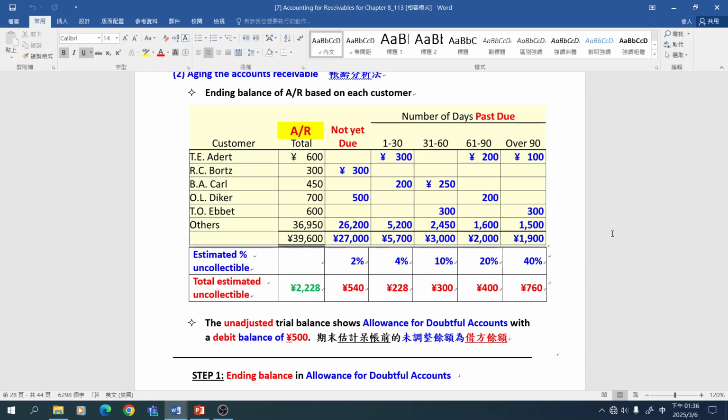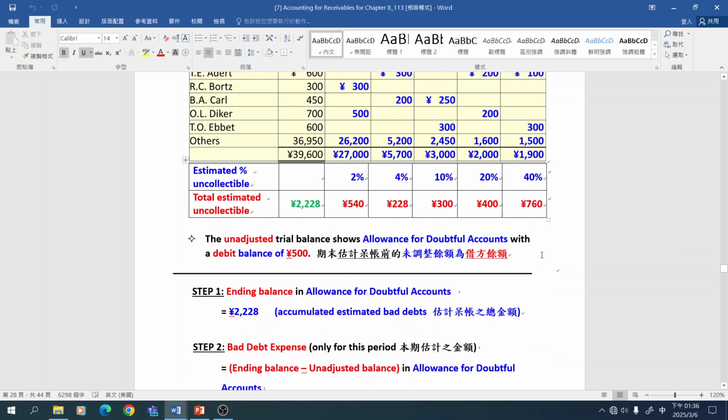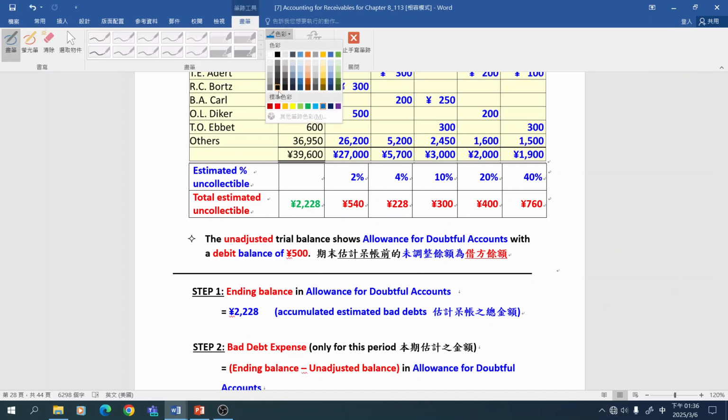Okay, are you done? So first step, don't forget, the first step is always what? Based on different ages, given different percentages. So we get the total estimated loss, right? So in step 1, I find out 2,228. So from 2,228, you find out this is the total accumulated loss you need. Okay, so we find out 2,228.